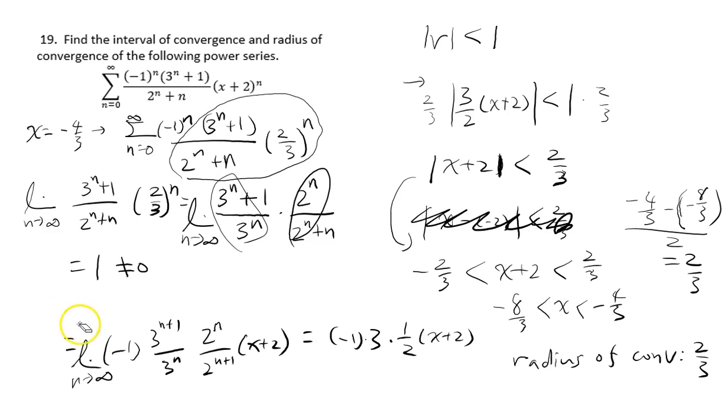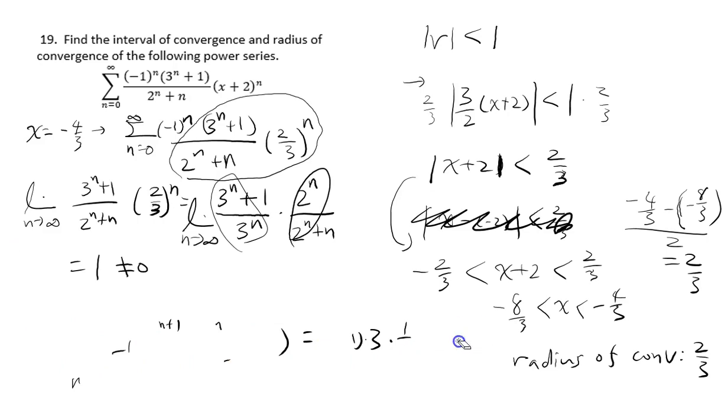Therefore, by the test for divergence, you're going to get divergence at negative 4/3. Okay, so it diverges because of the nth term test for divergence.